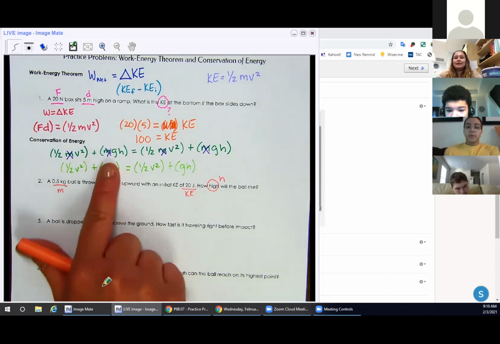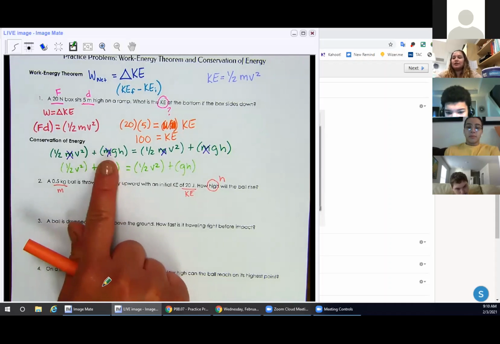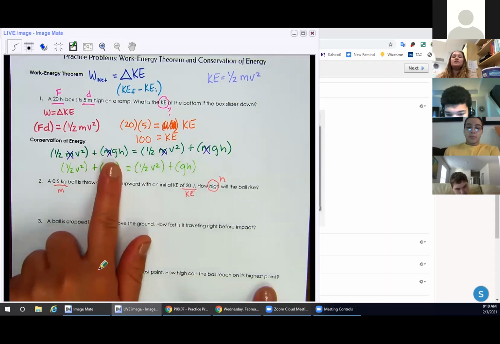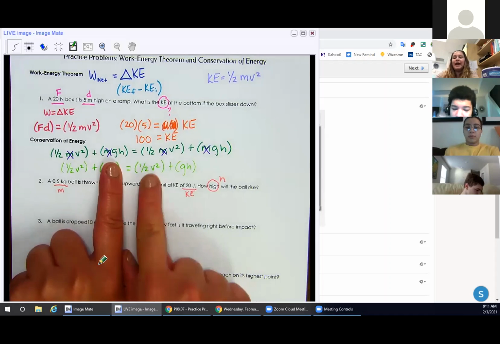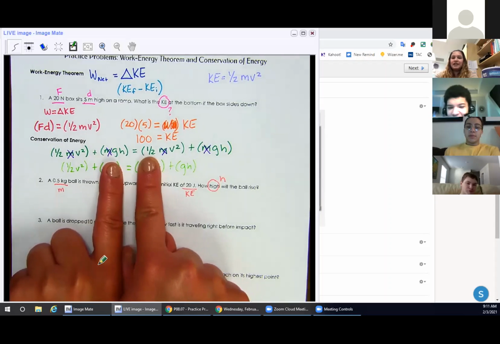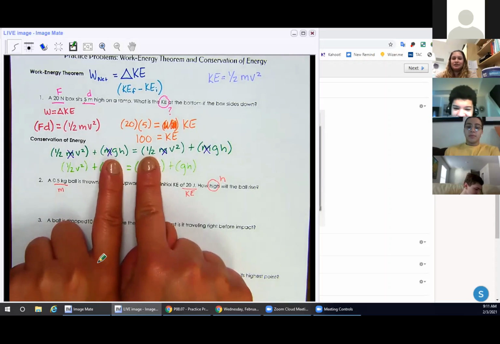So technically, it's this formula just without this. And if the ball's going as high as it can go, what's the velocity at the very top? Always 0. So are we going to have a final kinetic energy? No. So technically, this is just our formula.